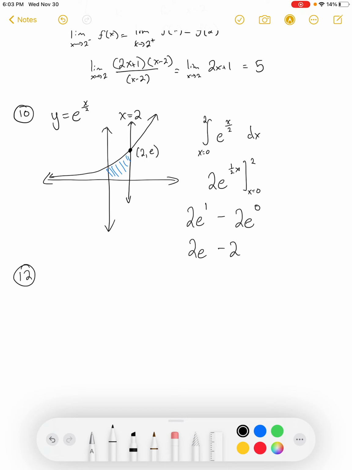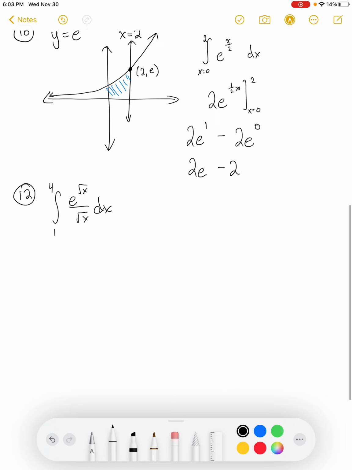12, we're going to look using this u substitution. Again, pause me. Using the u substitution, let's talk about this function. And it tells us, like I said, the AP is very, very nice when it tells us what u sub to make. So it tells us u is root x, or x to the 1/2, depending on how you like thinking about that.